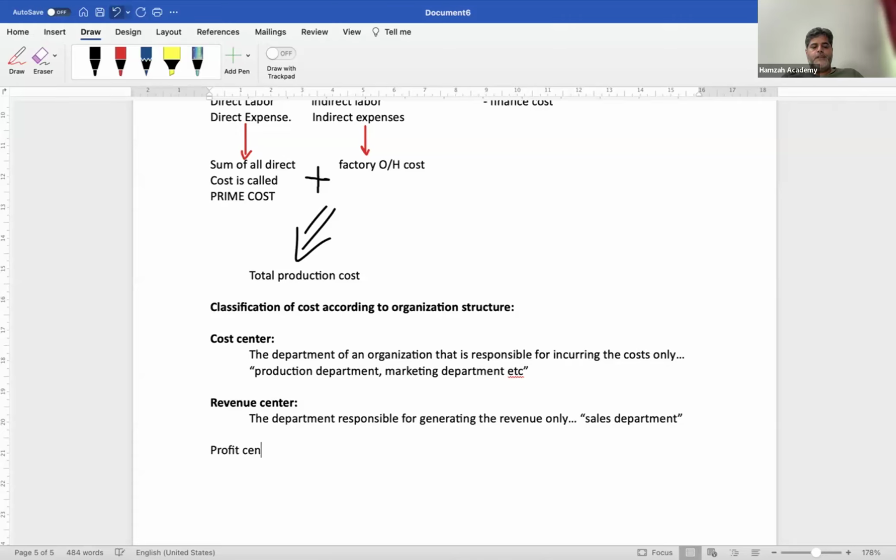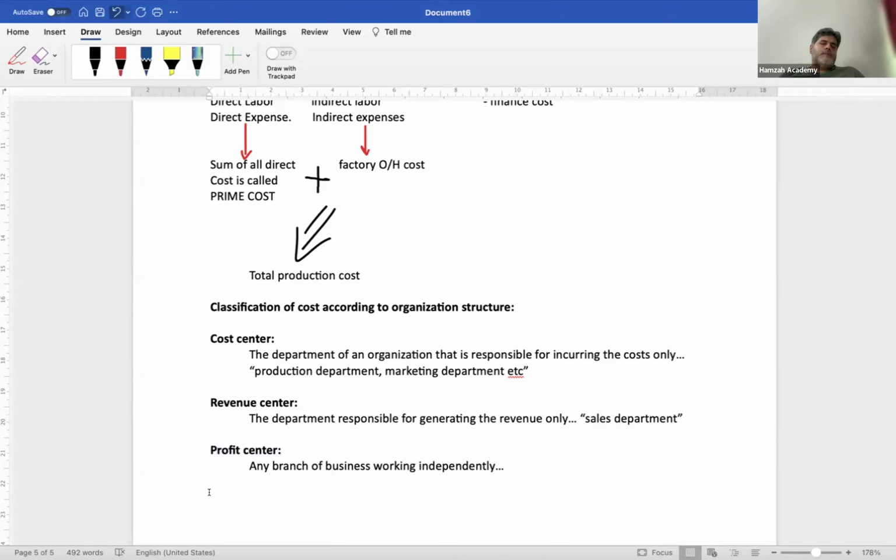Then we have the profit center overall. This is any department, or we can say any branch of business working independently, that is called the profit center, right?